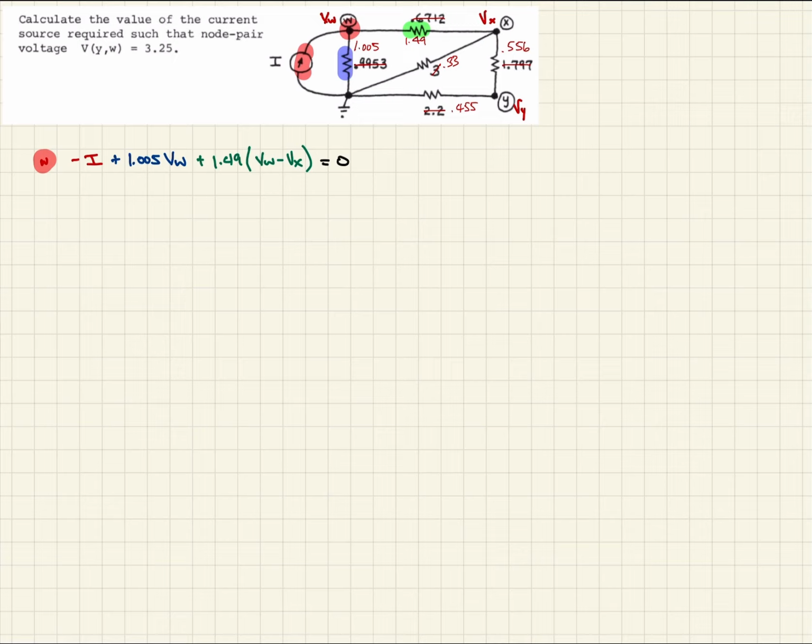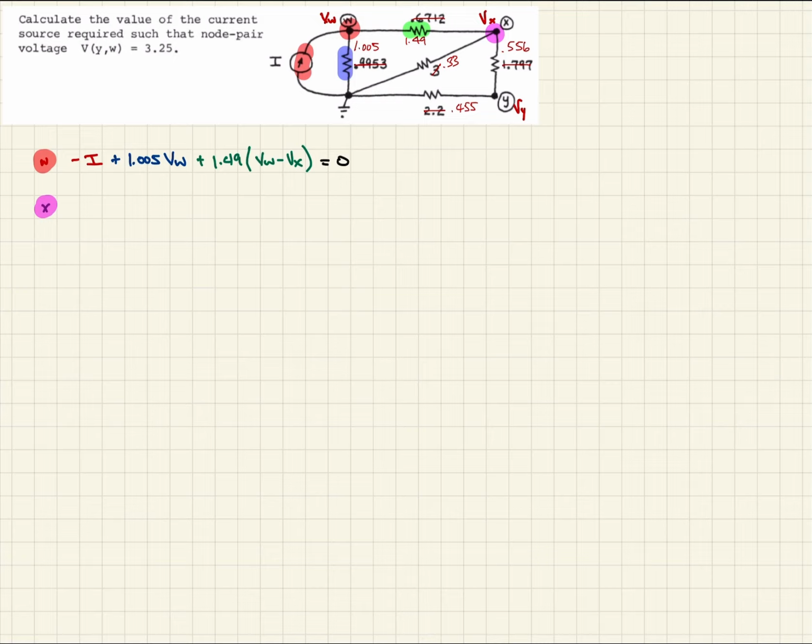Now we move around and take Vx. We'll designate that here, so this is X. The first thing we see is the green resistor, so let's write the relationship for that.